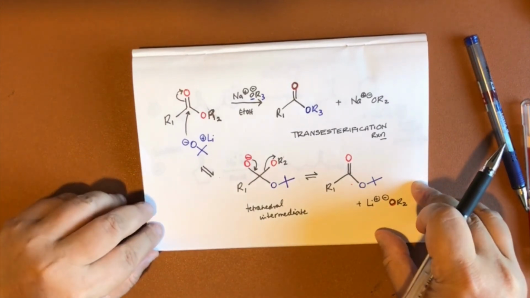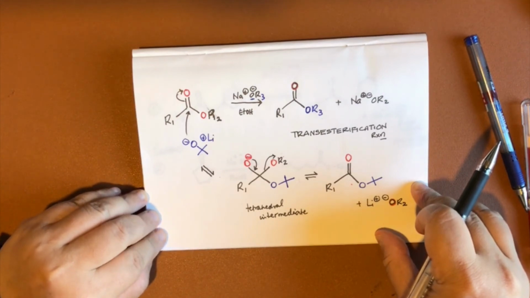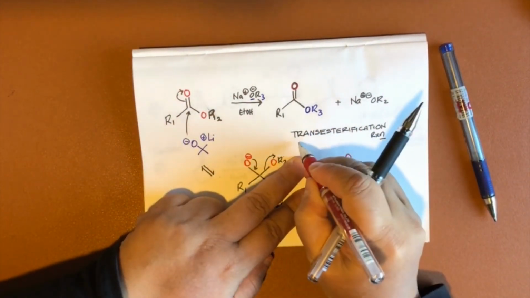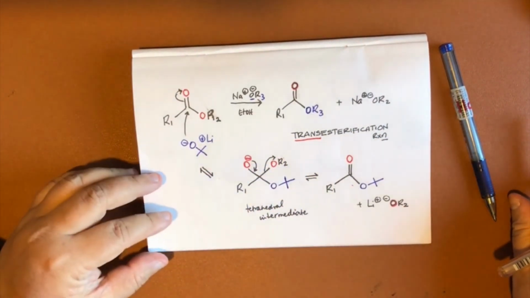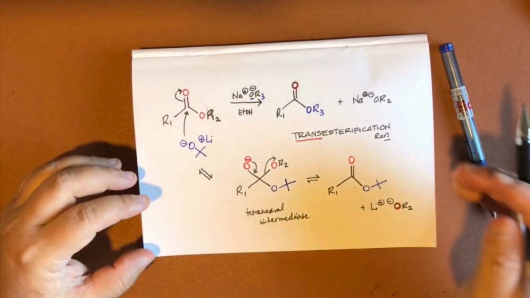Right, so that's all for this video. I hope you have learned something about transesterification. The key word here is trans, swapping the two groups of the ester from original to the new one.